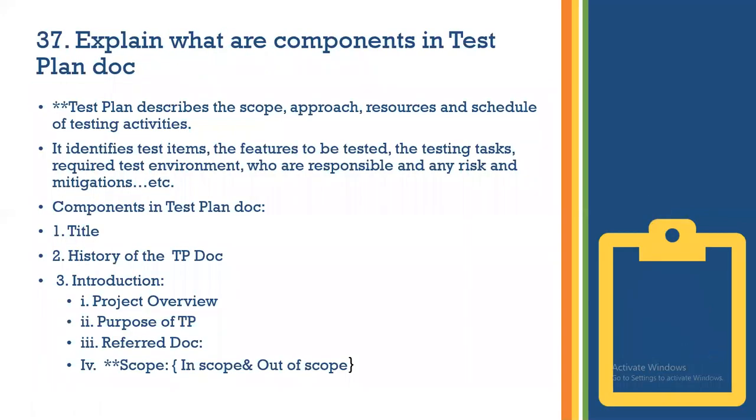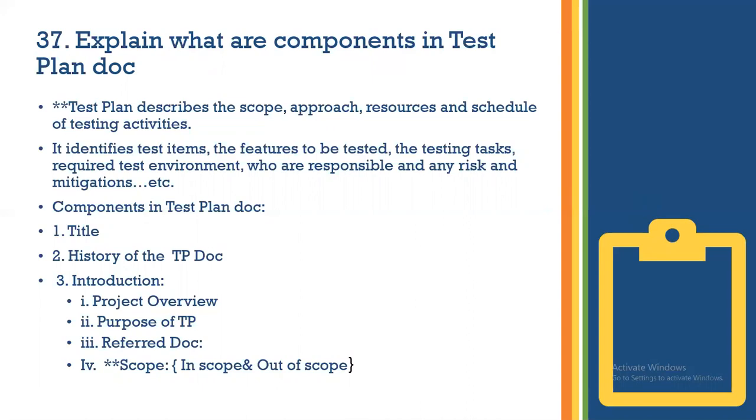Another important question from this point of view: explain what are the components in the test plan document. From here, at least 3 to 5 questions we can expect from the test plan components. Okay. Now see, test plan describes the scope, approach, resources, and schedule of testing activities.